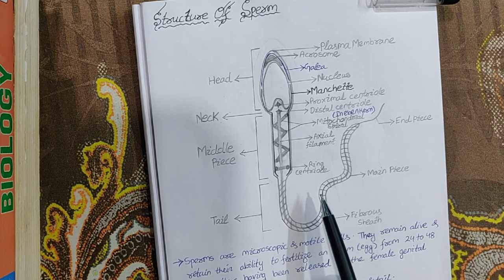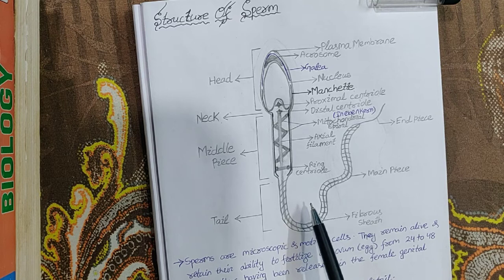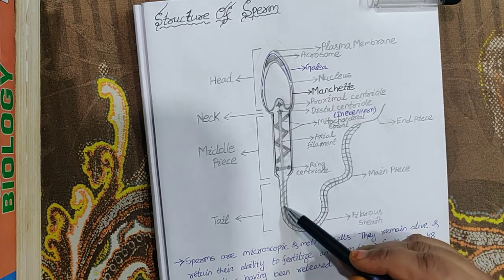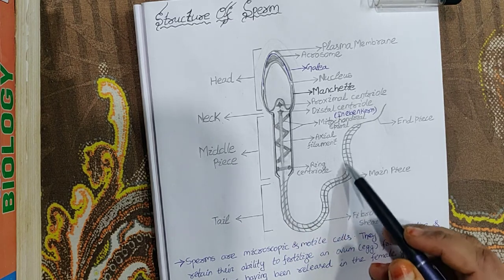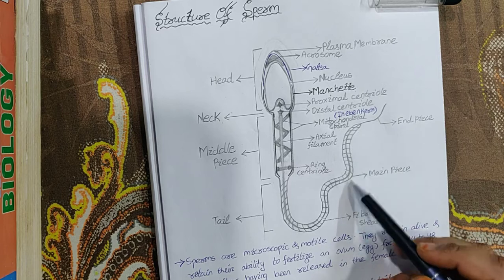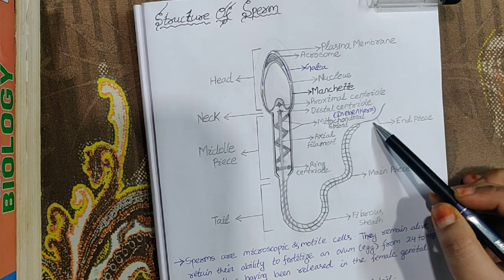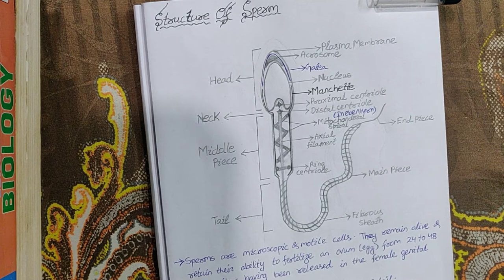The axial filament is surrounded by a thin layer of cytoplasm and forms the main piece of the tail. The part behind the main piece without cytoplasm, which is naked, is called the end piece.